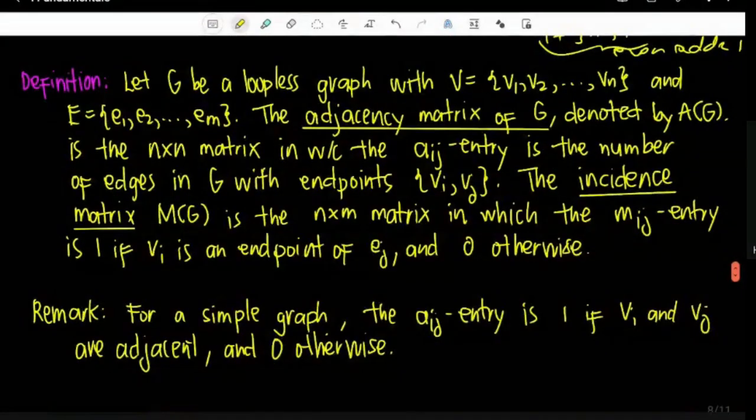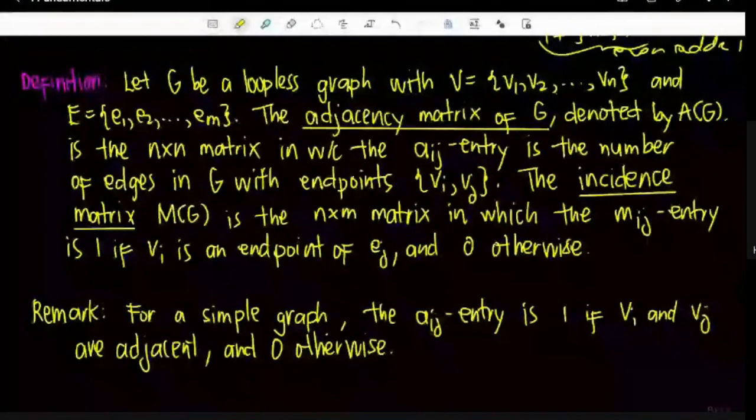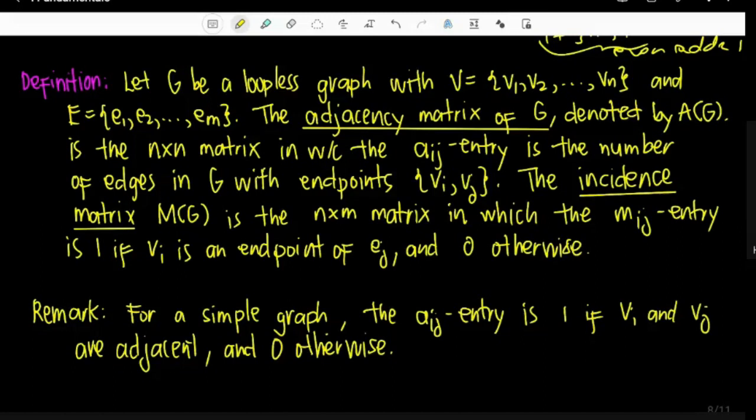Okay, more definitions about graphs. Let G be a loopless graph with the vertex set V, V1, V2, V3, and so on, up to Vn, and the edges written as E1, E2, up to Em. The adjacency matrix of G, denoted by A of G, is the n by n matrix in which the Aij entry is the number of edges in G with endpoints Vi, Vj.